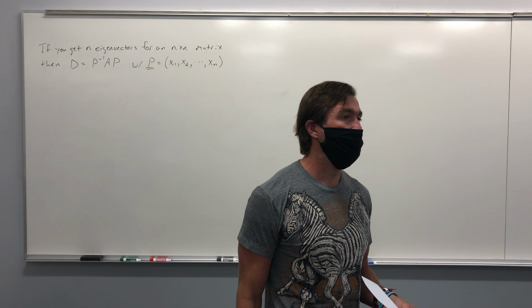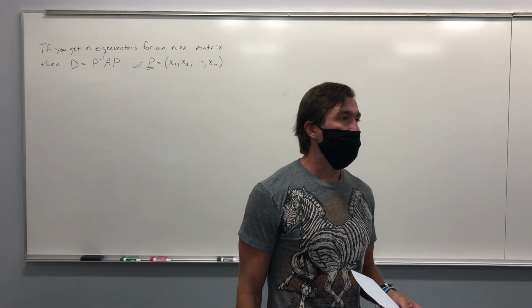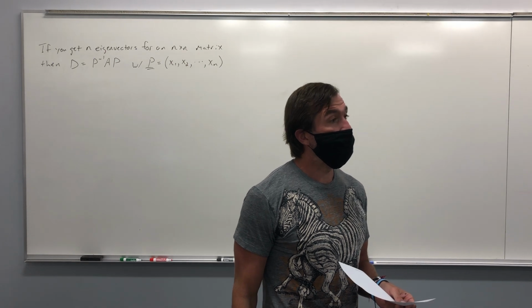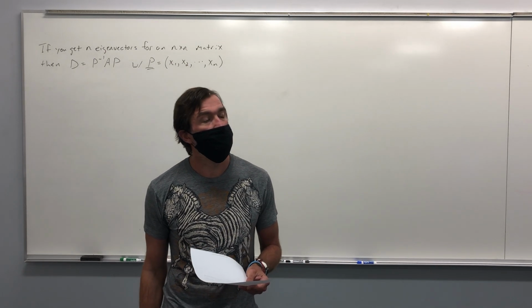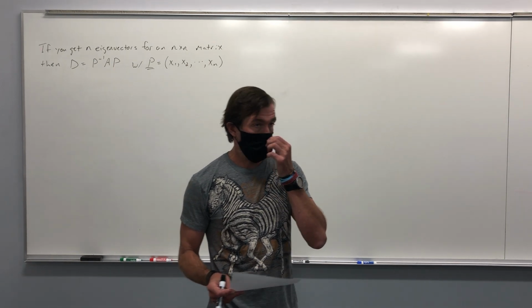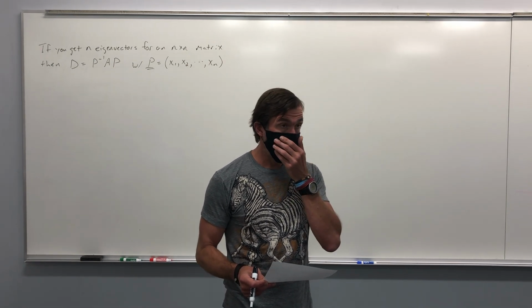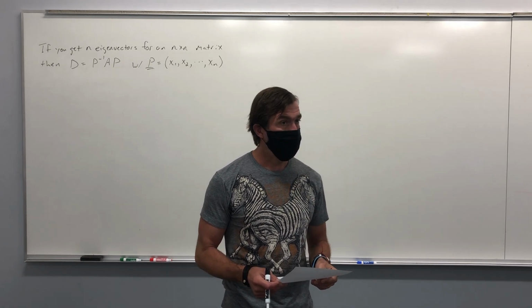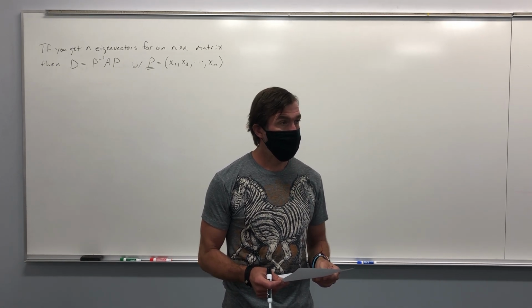What do you think? Might it depend on the order of your eigenvectors? Yeah. So I think if our matrix is Hermitian, then P is probably unitary. That's all I got. Okay.